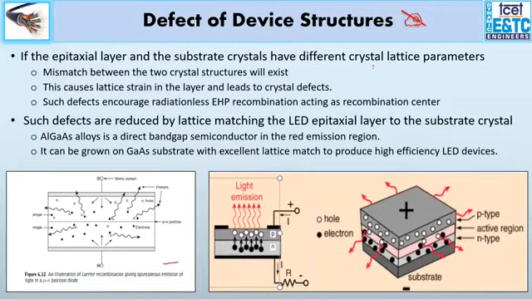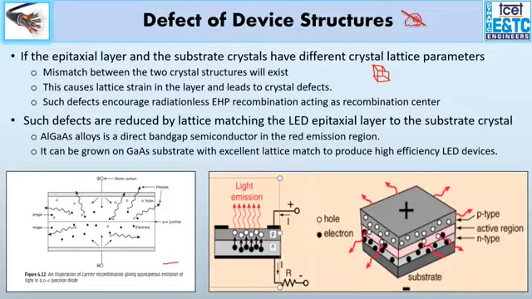Your material, each crystal is a cube, right? And when you are making another layer of a different material, if the size of your cube matches, then it is not a problem.